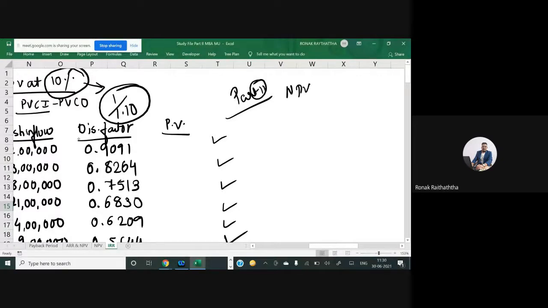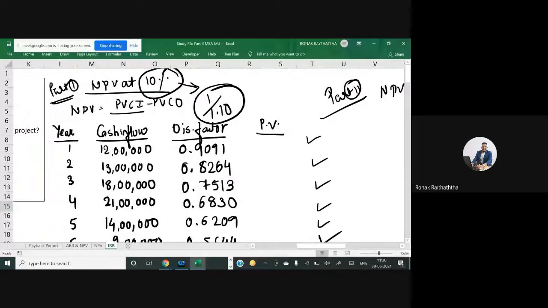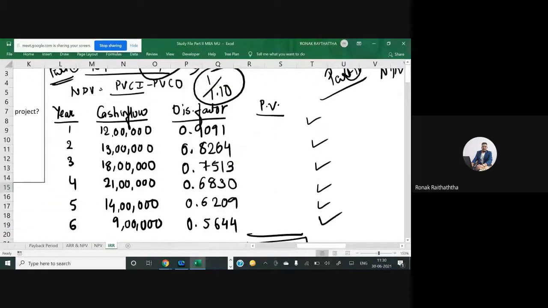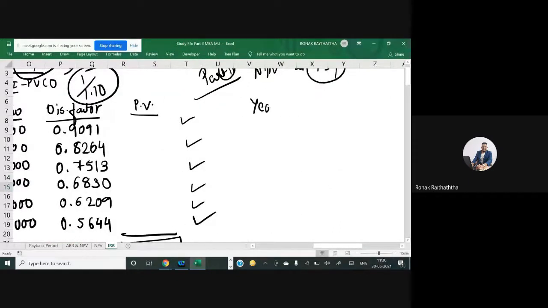NPV at 15%. Same table, everything same. Though it's monotonous, let's find the NPV over there now. I'm just writing it for your sake.